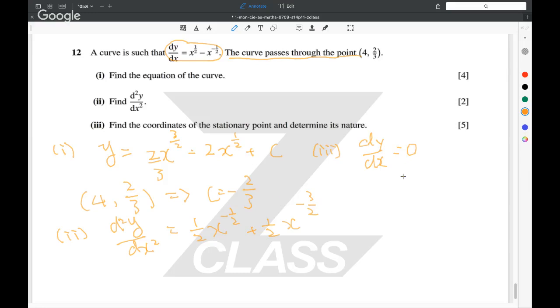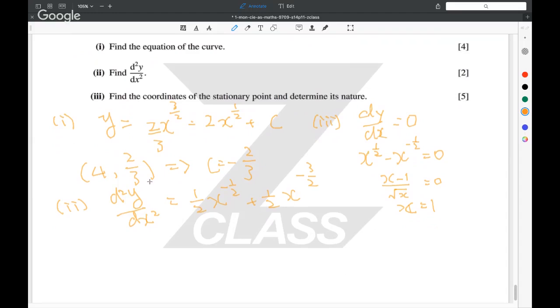And that will give you an equation to solve. So x to the power of half minus x to the power of minus half equals 0. So x minus 1 over the square root of x is 0. So that will give you solution x equals 1.